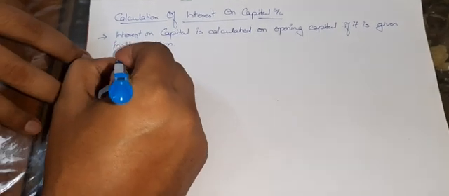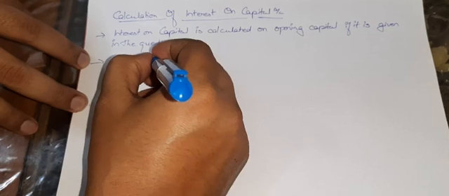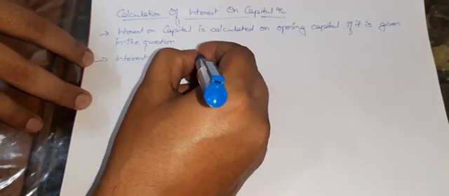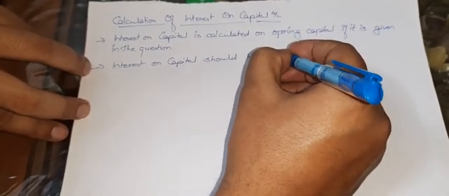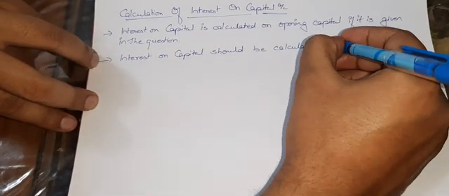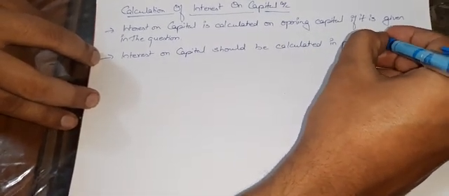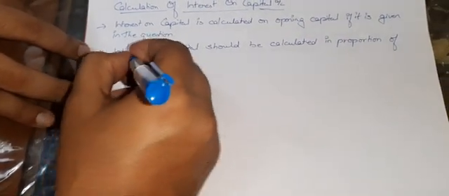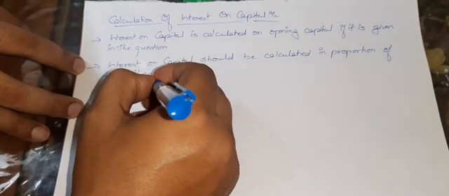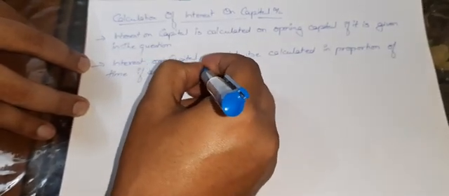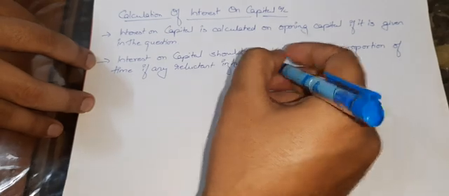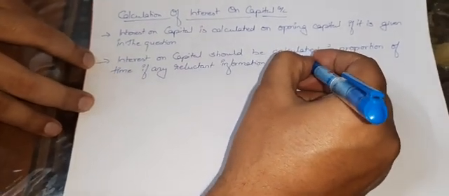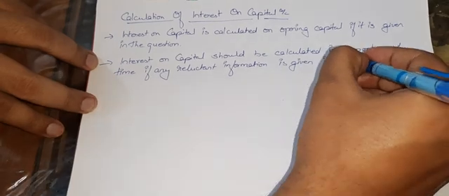Next, interest on capital should be calculated in proportion of time, if any relevant information is given in the question.